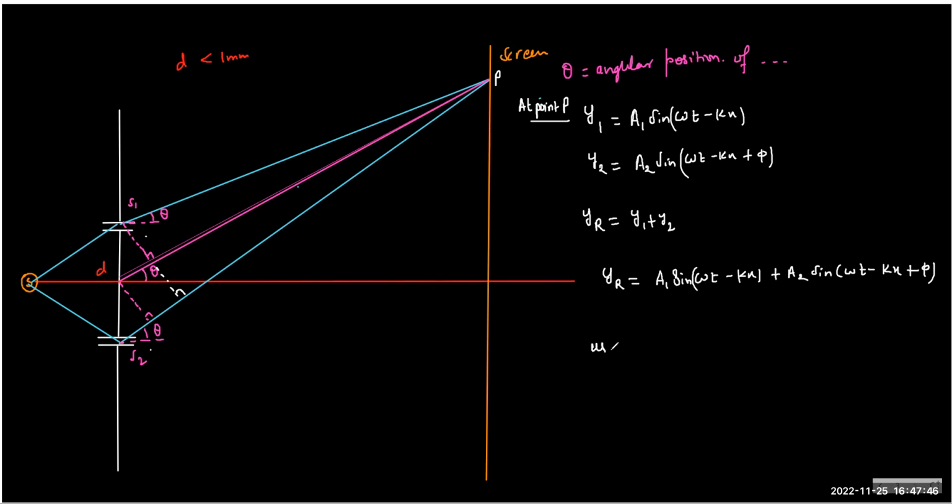So using phasor, you can take the omega t minus kx as a reference because that is common to all.